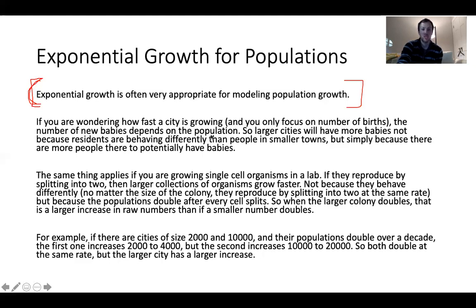Big cities are going to have more babies than small towns, not because there's something about large cities that gives rise to having more babies, but just because within a large city, you have more people, and that larger number of people will give rise to more babies than the smaller group of people can. They're not behaving differently, there are just more people there to potentially have babies.